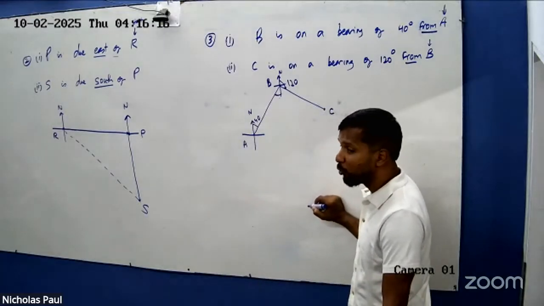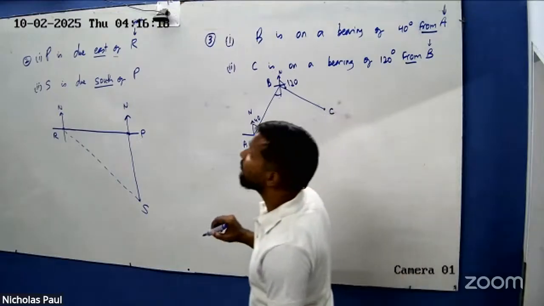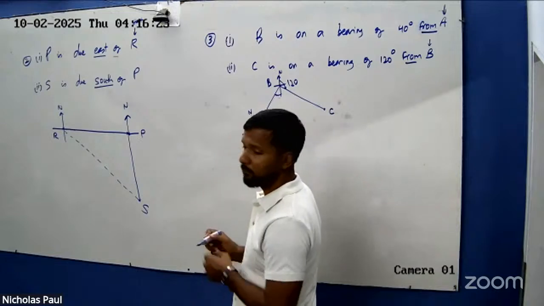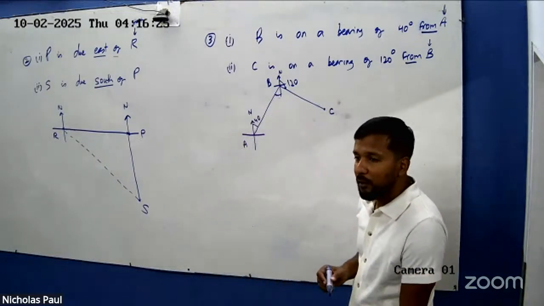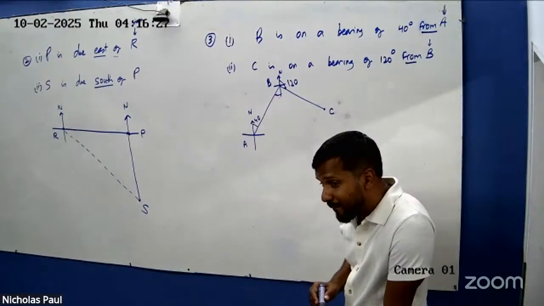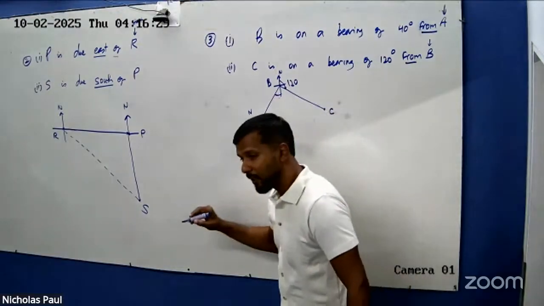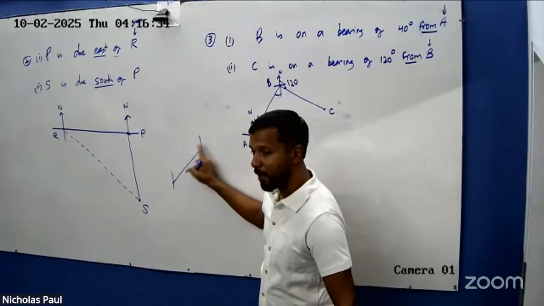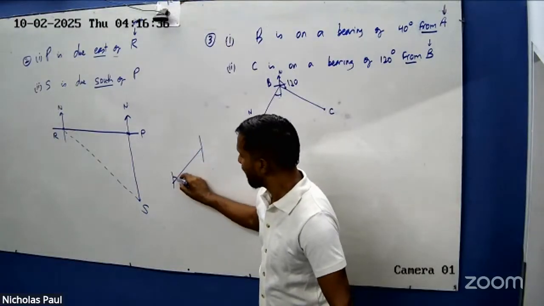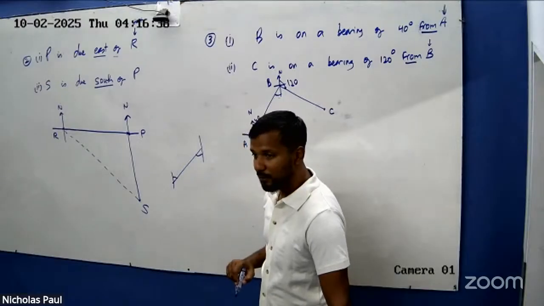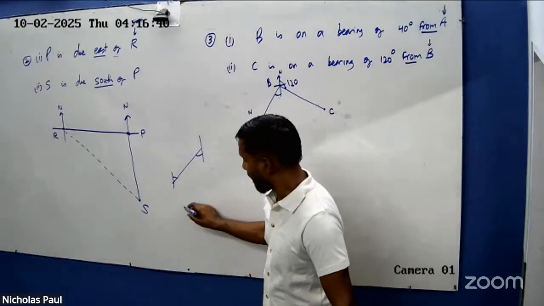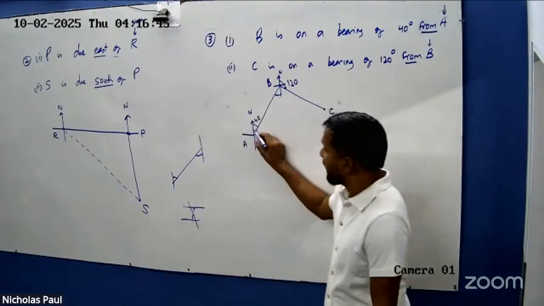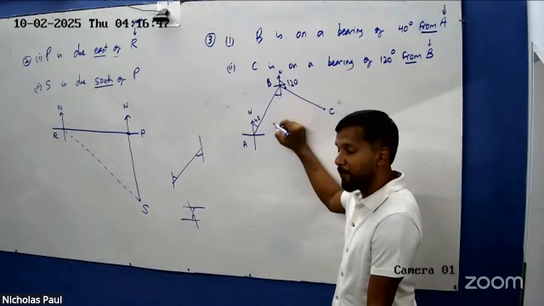No. A little while ago, I showed you that if you draw a line here and a line here, and they're parallel, here and here are equal. I showed you the same thing here. Here and here are equal. So if here is 40, how much is here?